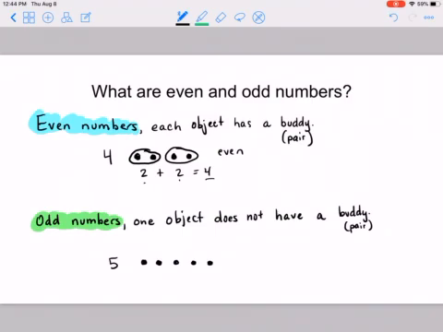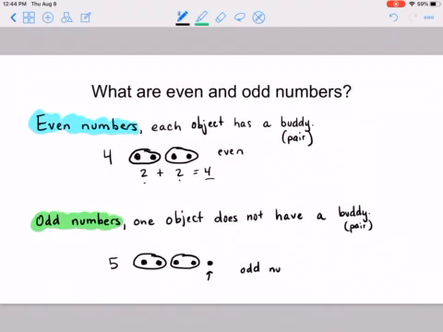Now, to see if it's even or odd, I'm just going to start circling pairs of 2 and see if we end up with one left over. So there's one group of 2, so that has a buddy. These 2 have a friend, a buddy. Oh, this poor little one doesn't have a buddy, so we know that is an odd number.